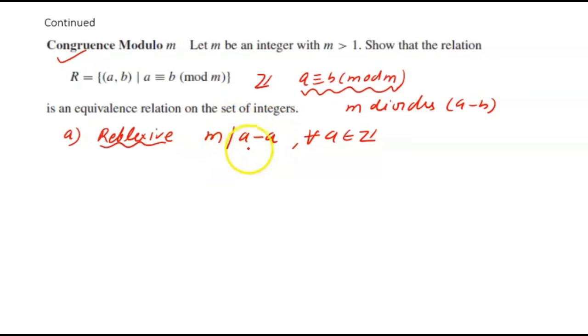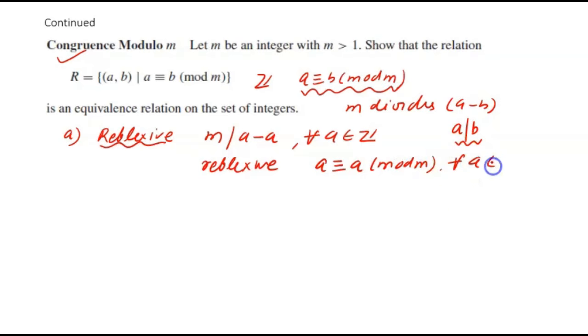So m will certainly divide it, and this symbol, like here if I write a divides b, is how the divide symbol is written. So basically this is true. This is a reflexive relation because a is congruent to a modulo m for all a in the set of integers. There is no doubt about that.